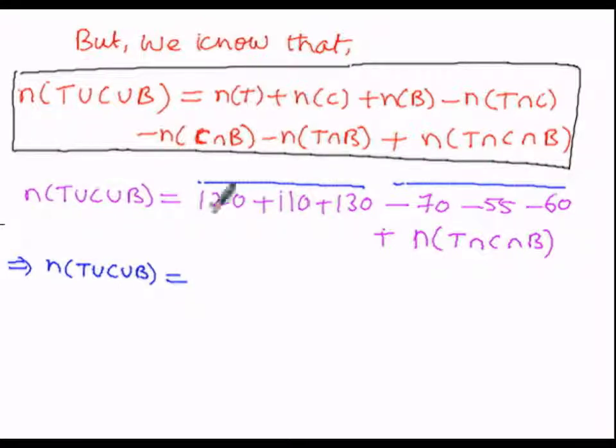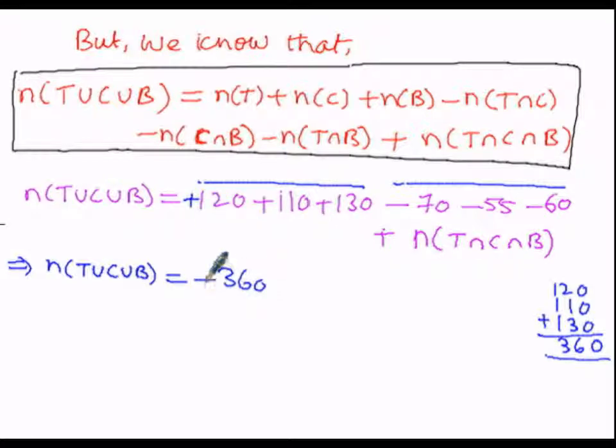120 is positive, 110 is positive, 130 is positive. When we add up these three quantities, 120 plus 110 plus 130, the sum is 360, with a positive sign because all are positive.